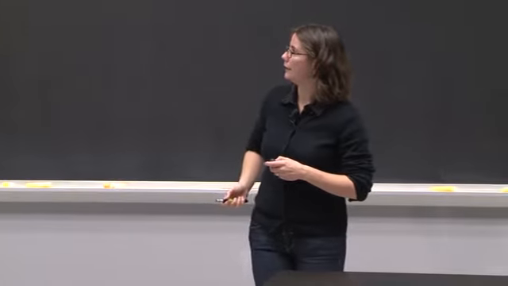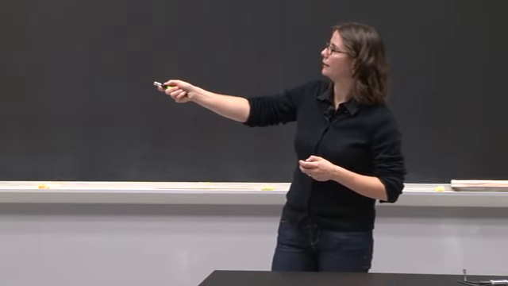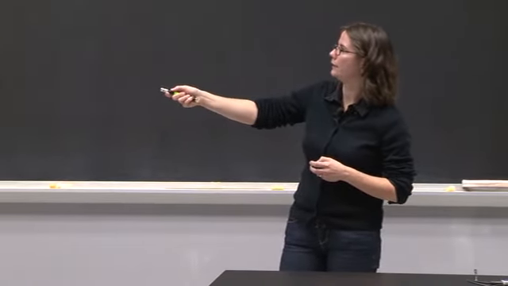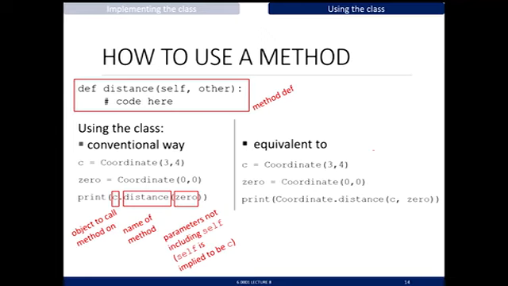An easier way to see what happens is by looking at what this line here is equivalent to. The third line here, print c.distance 0, is equivalent to this one on the right. And this one on the right essentially says, what's the name of the class? Dot notation.